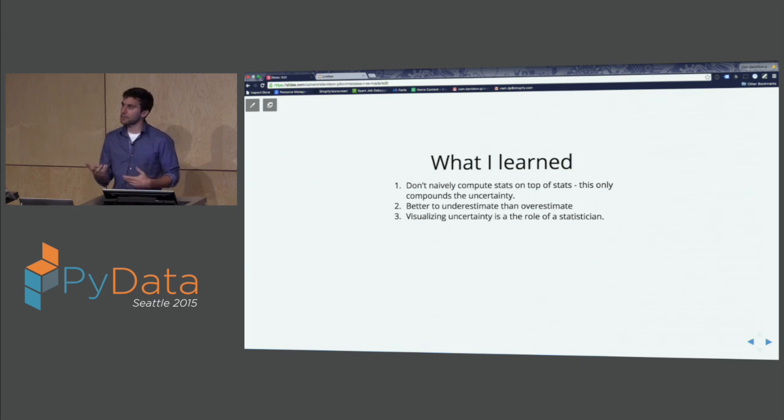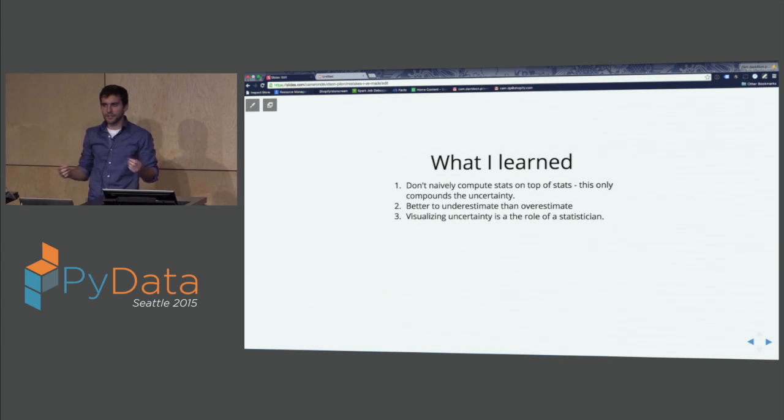I think visualizing uncertainty is the role of the statistician. If you think of any stats problem, and this applies to data science as well, hypothesis testing, or a linear regression or anything like that, what the statistician is actually doing is taking all the uncertainty that they have and putting it in certain spots. They might stick it in one particular area and make it very tight at one point, or they might put it over here and make it very flat, or they might make it bimodal.